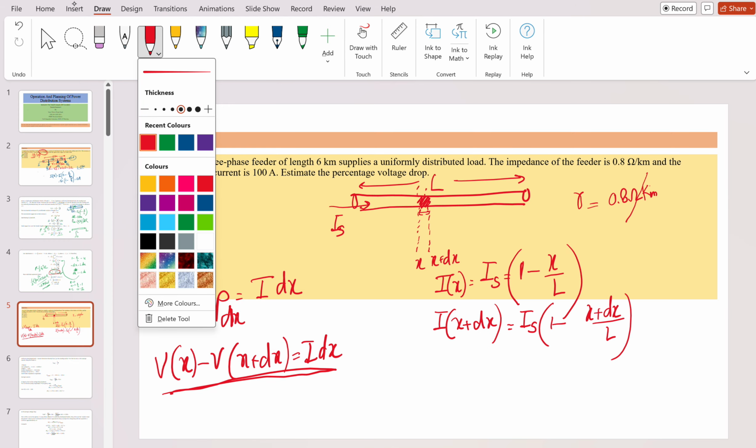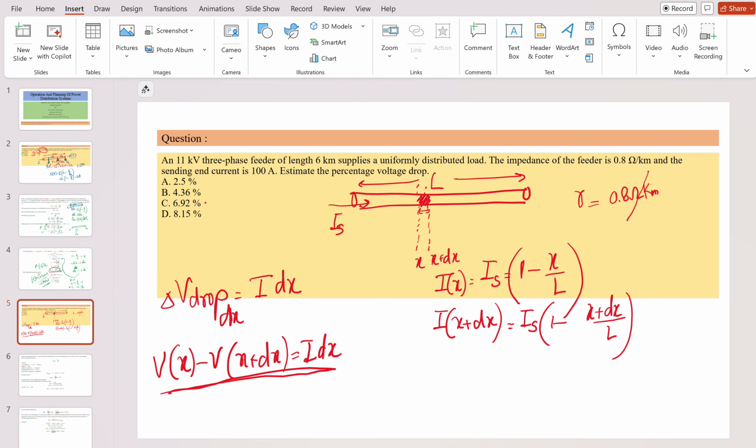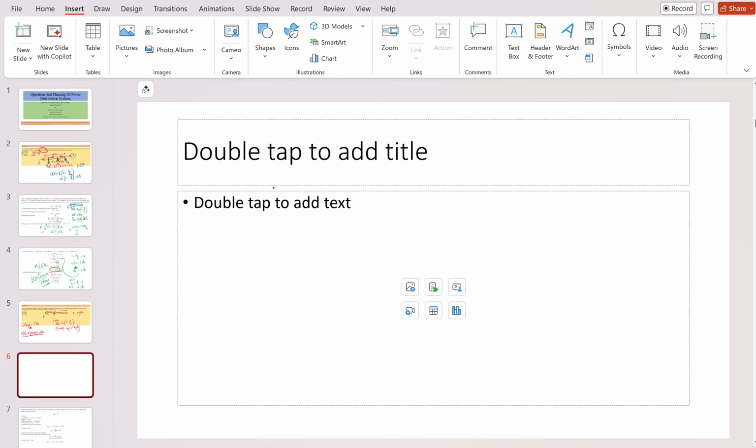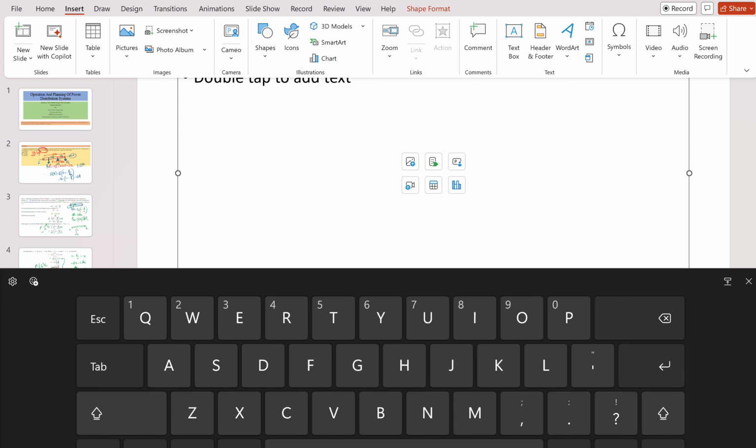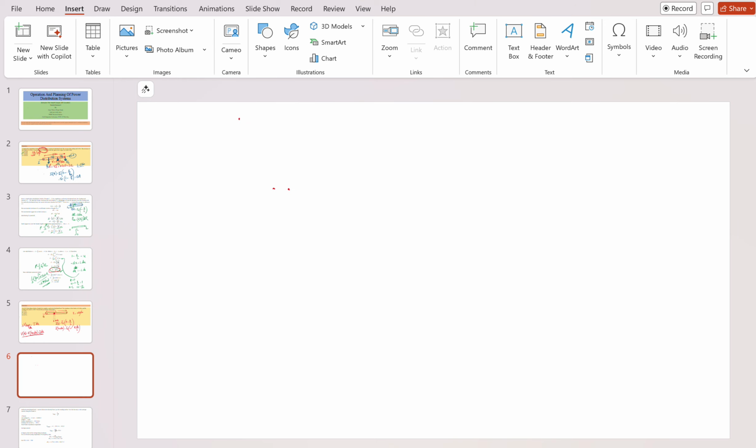Let's take a new slide. What I have explained is that we have to find the voltage at a particular distance x, which is simply the voltage at x plus dx.